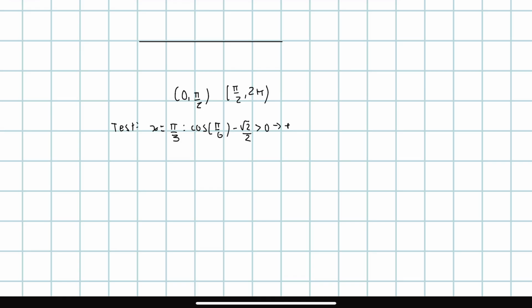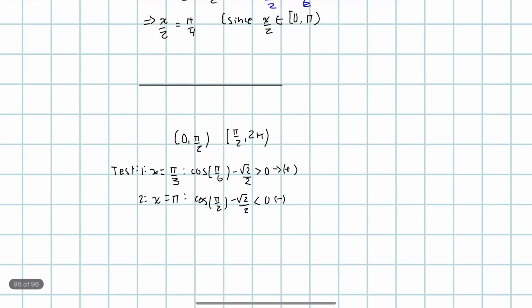That's going to be positive, and then x equals pi. For interval 2, we're going to have cosine of pi over 2 minus root 2 over 2 less than or equal to 0, so that's going to be negative.